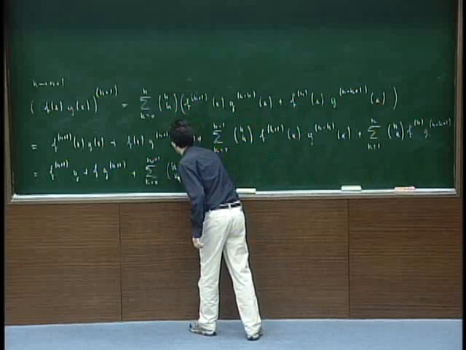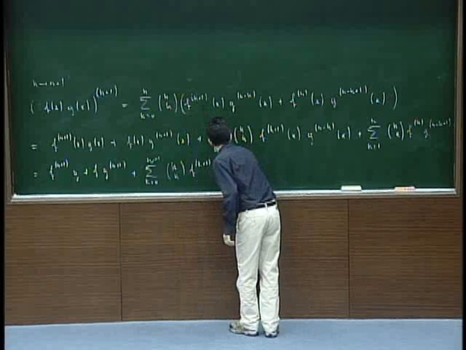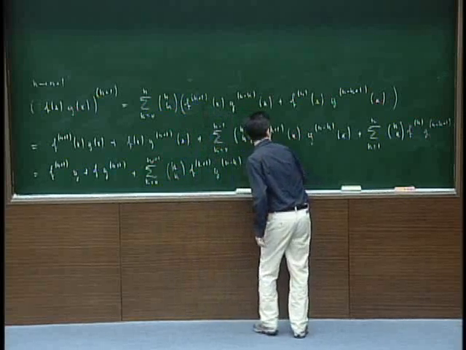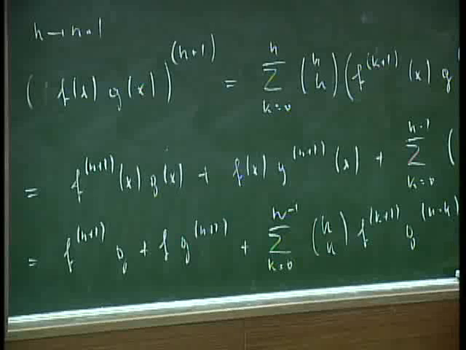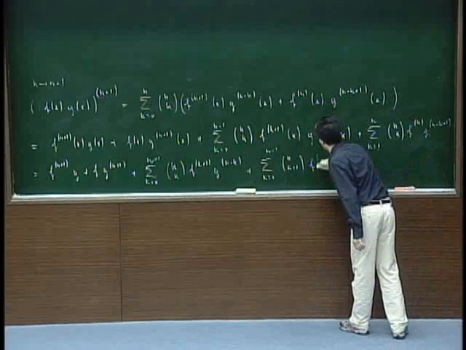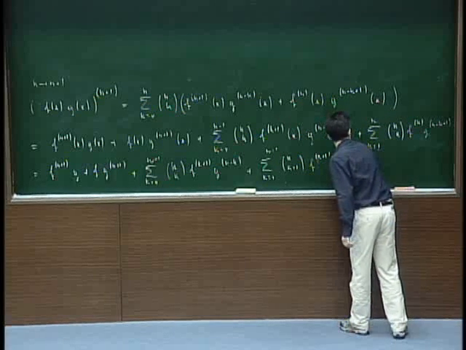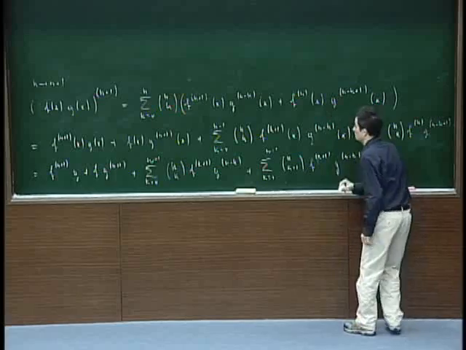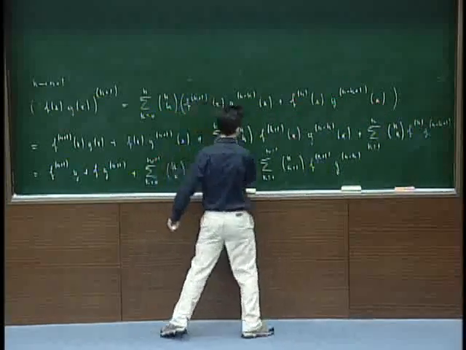So n choose k, f k plus 1, g n minus k, plus. So let's shift here the index, the sum k from 0 to n. We have to replace k by k plus 1, 0 to n minus 1, f k plus 1, g n minus k. Okay, now we can merge those two sums.